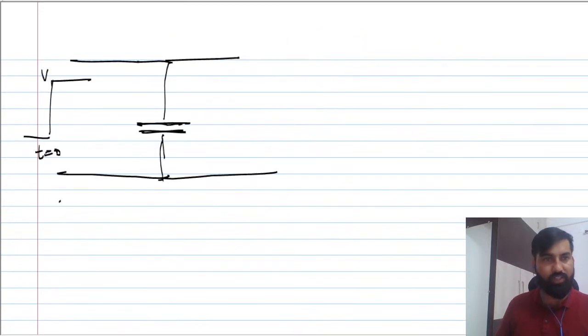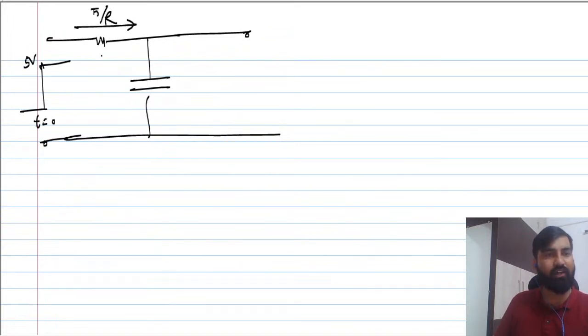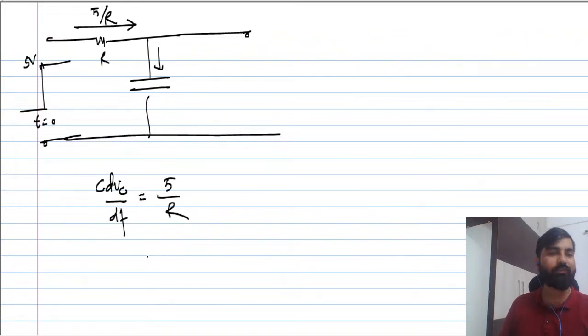So you see here, this is the R and this is the capacitor. The moment you apply the step at t equal to 0, that is 5 volt, the current flowing here is 5 by R. The similar current flows through the capacitor, so C dV by dt is equal to 5 by R. So dV by dt equals 5 by RC.